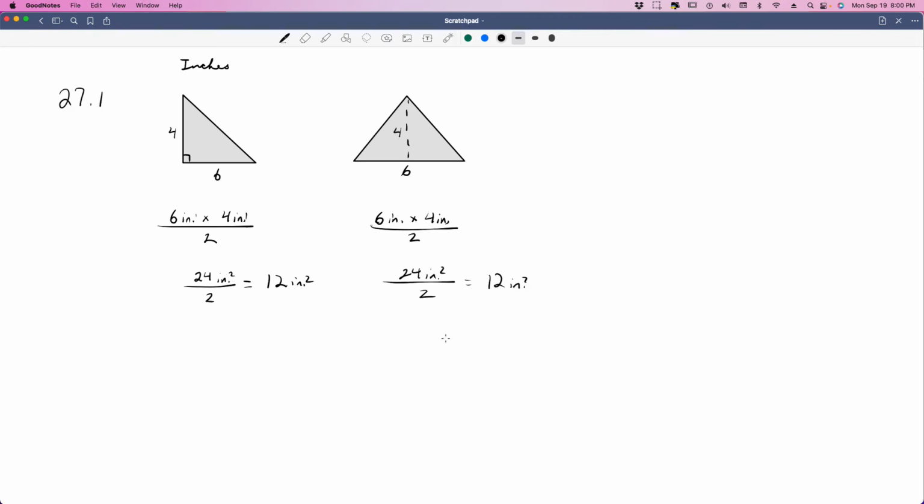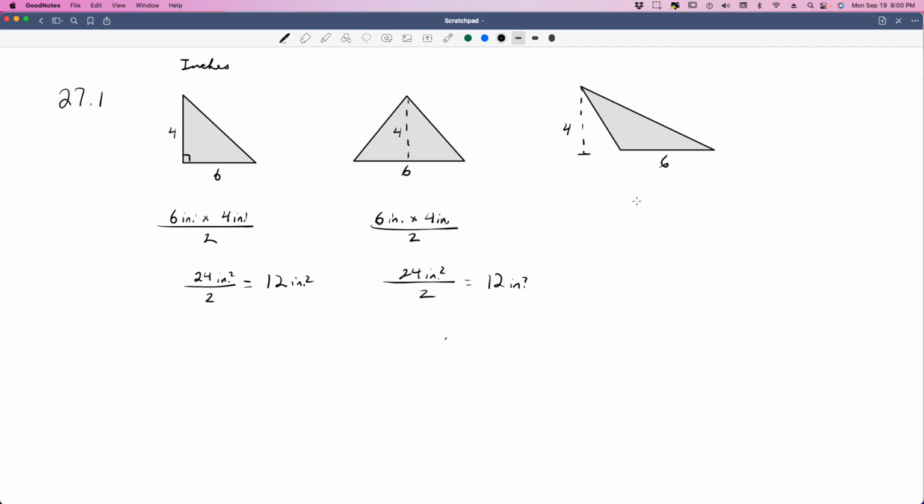What if we have that obtuse triangle set on its side like that? Well, guess what? This one has a height of 4 inches. And the base over here is still 6. Same value.